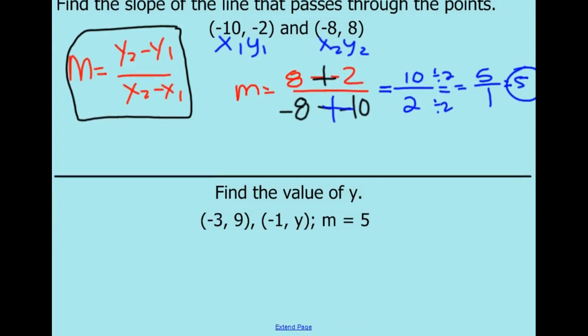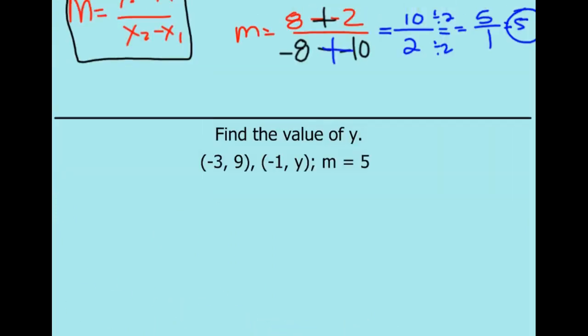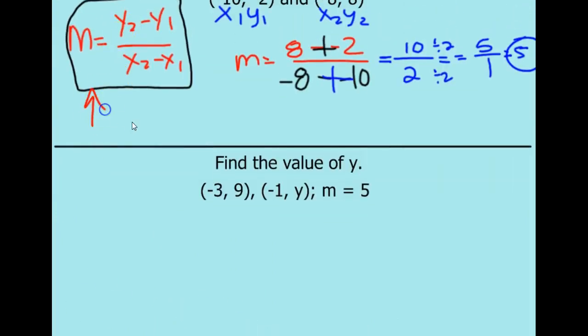The second one, we can also solve using the same slope formula that we did up here. I'm going to label my points x, y first point, x, y second point. And they're telling us our slope, so we really need to find out what this missing value is. So our slope is 5, and we're going to set that equal to y2 minus y1, so y minus 9.